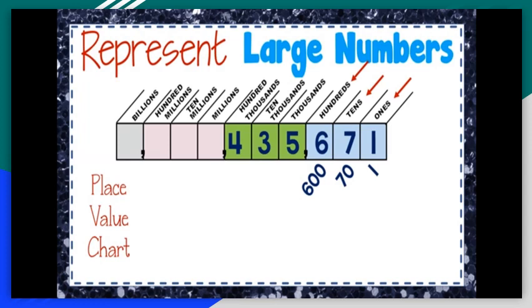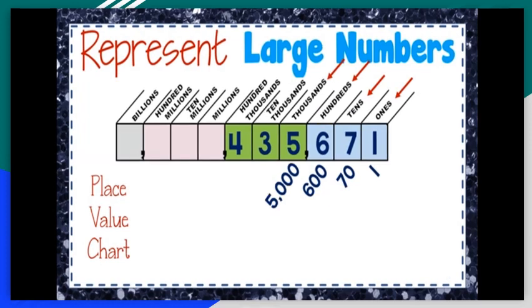Now after that 7 we have 6. So 6 represents 600, which is in the hundreds place. Now 5 is in the thousands place, and it has a value of 5000.